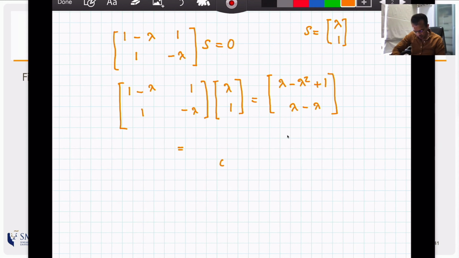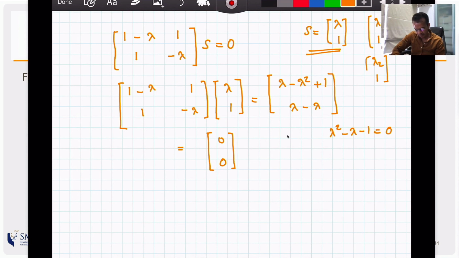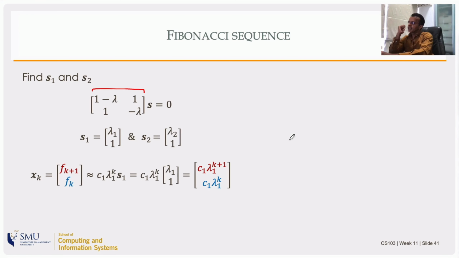And the second element is obviously 0. The first element is actually the characteristic equation. Remember, our characteristic equation was lambda squared minus lambda minus 1 equal to 0. Multiplied by minus 1, you get the top one, so that also is equal to 0. Eigenvectors are of this form, so I have (lambda 1, 1) as one eigenvector, I call that s1, and (lambda 2, 1) as a second eigenvector, I call that s2.